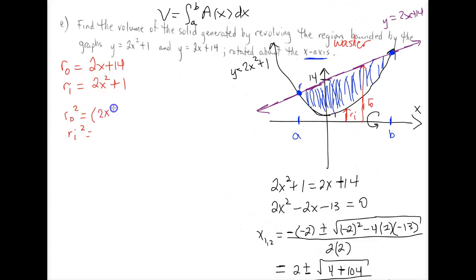So, of course, in doing this, squared, if we FOIL this out, that'll actually end up being 4x squared. And then we'll have 14 times 2 is 26. So two of those, that will be 52x.